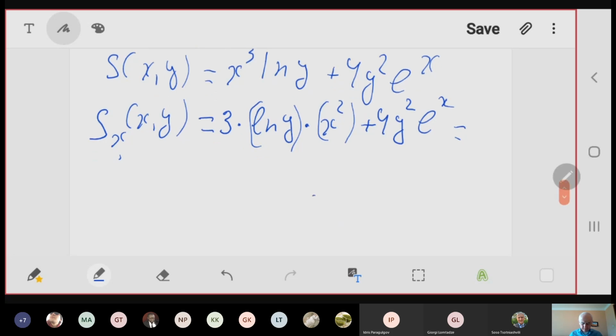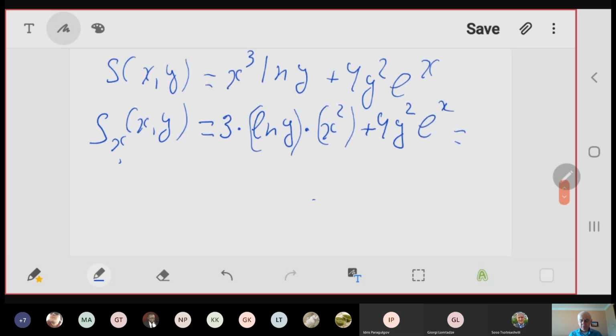Okay, now what we need is to find the second order derivative s_xy, and it's going to be the derivative of the first order derivative by y.